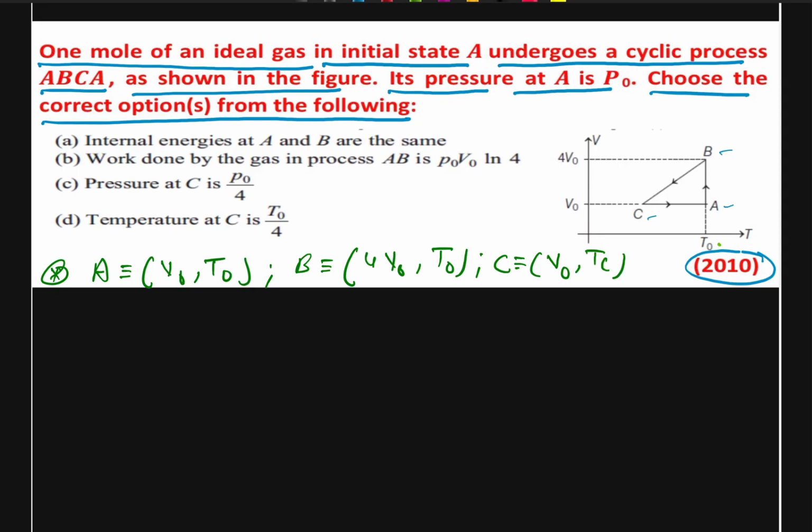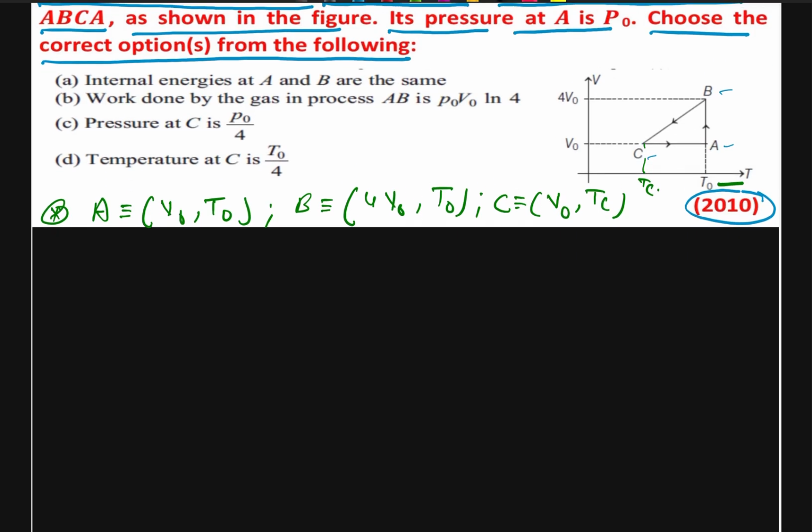Obviously Tc is less than T0. And 1 mole is given to us, so we can use the ideal gas equation, PV equals nRT. For 1 mole at point A, we can write P0 V0 is equal to R times T0, and this is specifically for A.